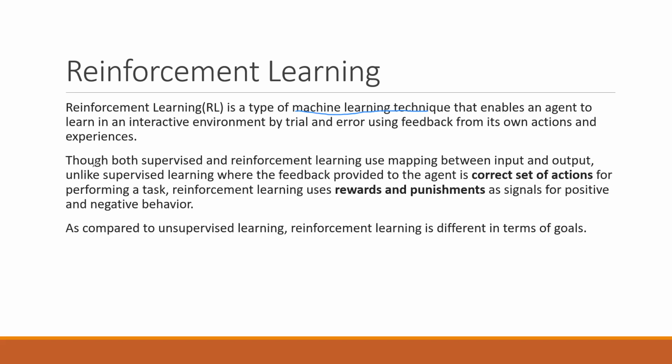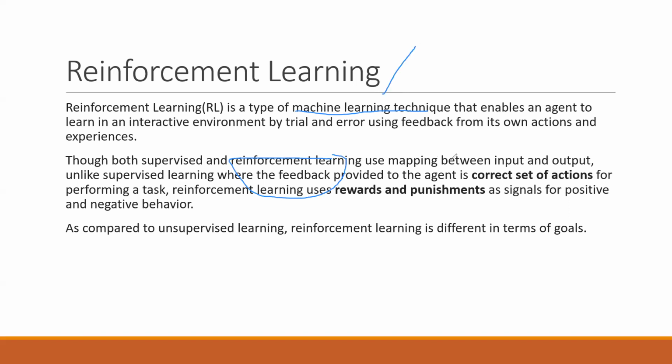Now you can see, I have written over here, both supervised and reinforcement learning use mapping between the input and output. Unlike supervised learning, where the feedback provided to the agent is the correct set of actions for performing a task, reinforcement learning uses rewards and punishments. In supervised learning, there is no concept of feedback, but in reinforcement learning, we have the feedback.